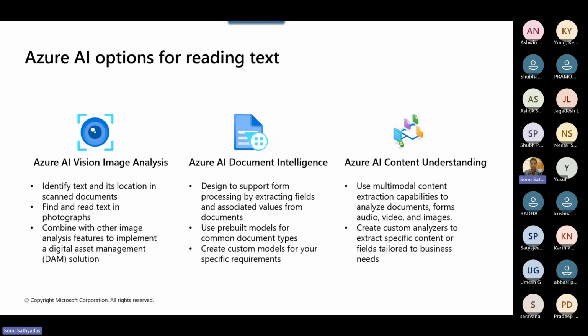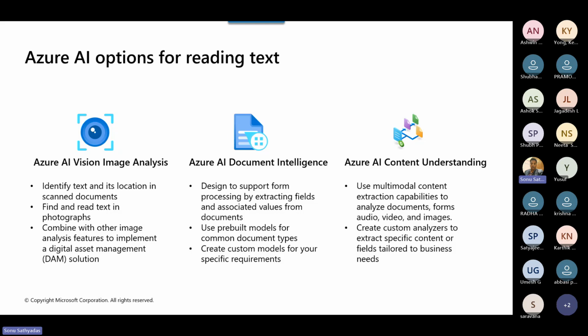Combined with other image analysis features to implement a digital asset management solution. So if I have to read the text and also I have to analyze the image and get some other insights about that image, then we can use Vision service's image analysis and OCR.